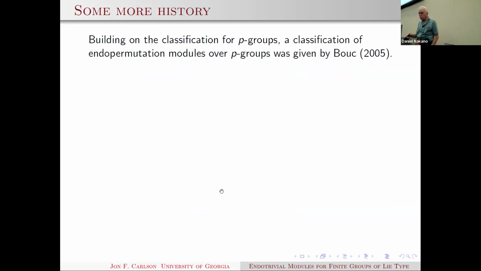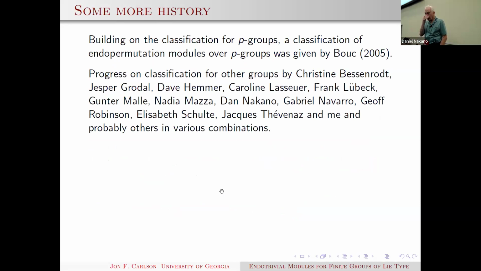Given this, Puig was able to classify endopermutation modules for p-groups. There has been progress on classifications for other groups, and I just give a list of names here. This is people that I could think of off the top of my head. I'm sure that I'm leaving somebody out here somewhere, but there are various people who have looked at this.